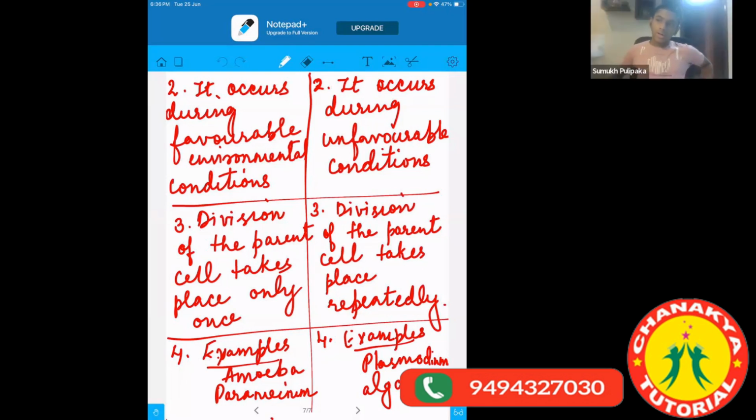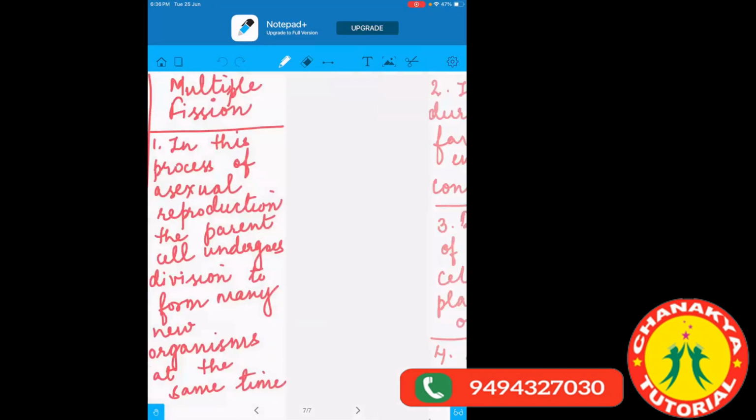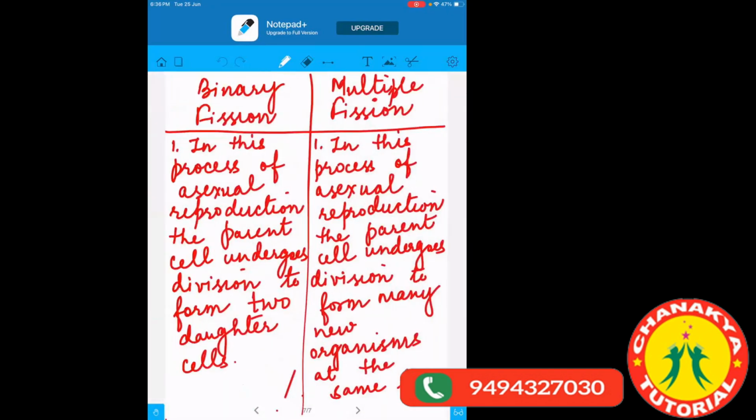Ma'am, should we draw the diagrams which you have? Yes, definitely. Or maybe I'll complete this diagram and then you can draw it.